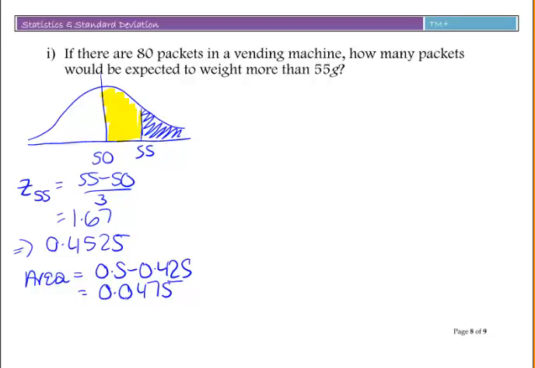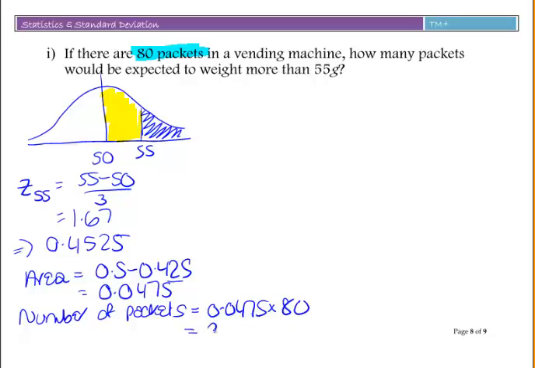From there, I need to work out how many packets out of 80 weigh more than 55 grams. So number of packets equals 0.0475 times 80, which is 3.8. Finish with the therefore statement. Now you can't have 3.8 chip packets.